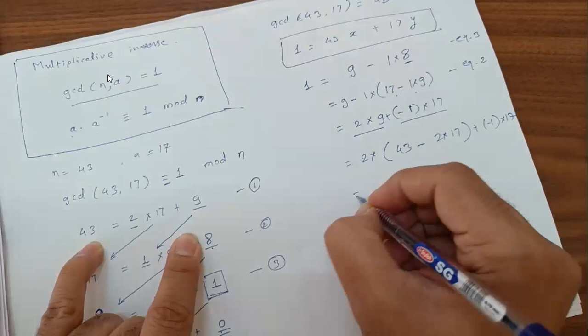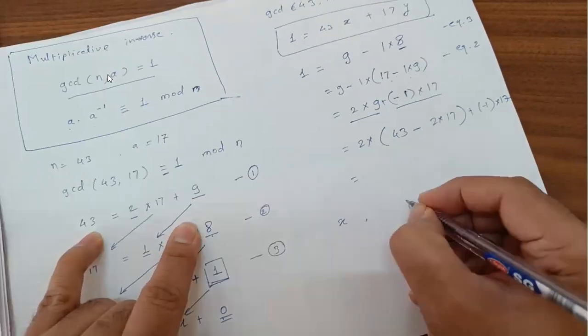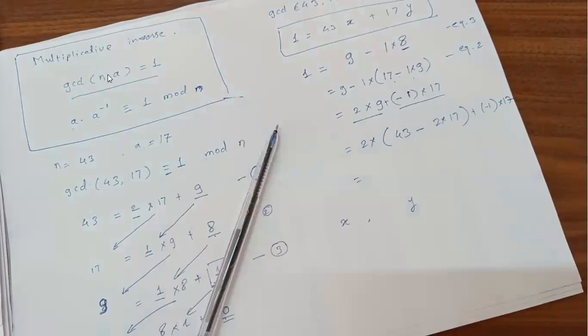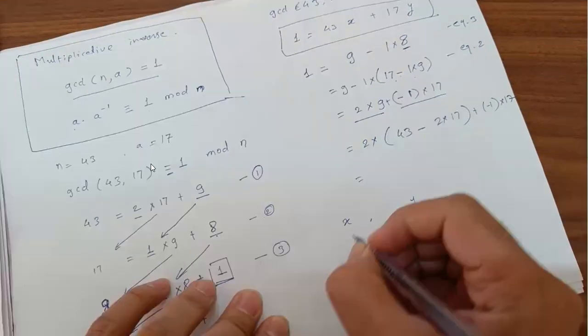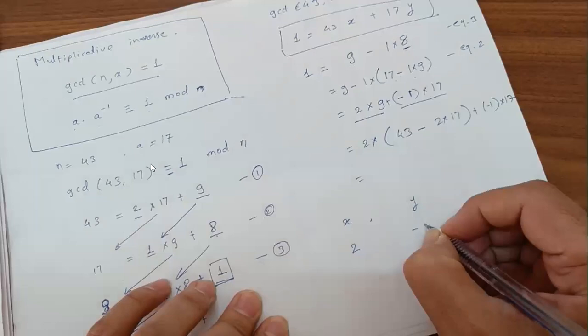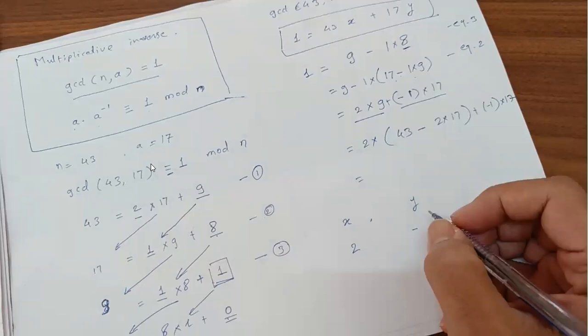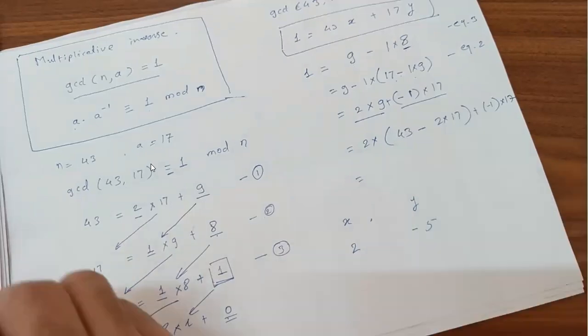Can you further solve and tell me the values of x and y? x is 2 and y is minus 5.